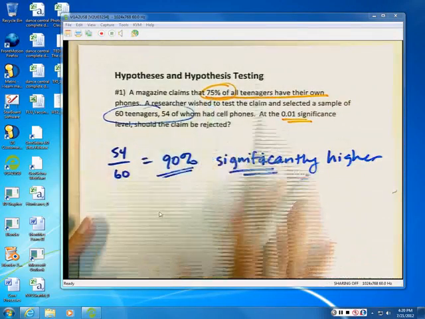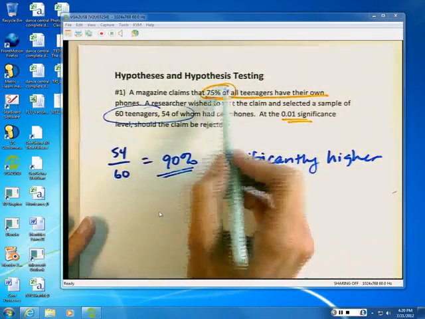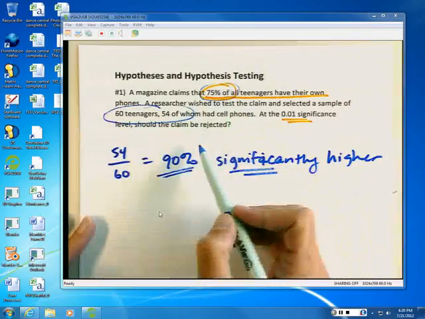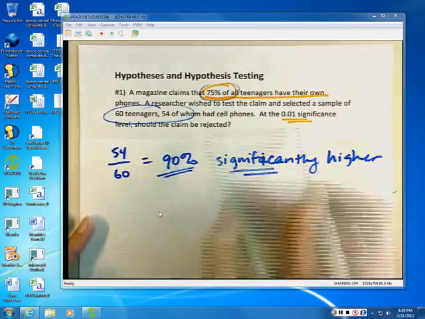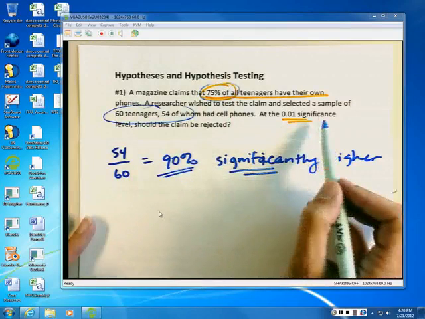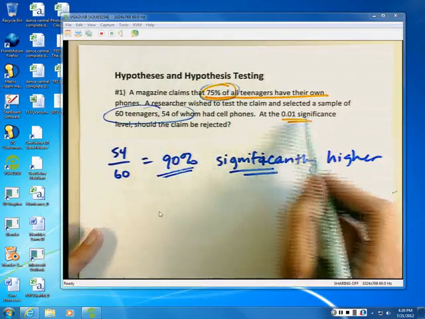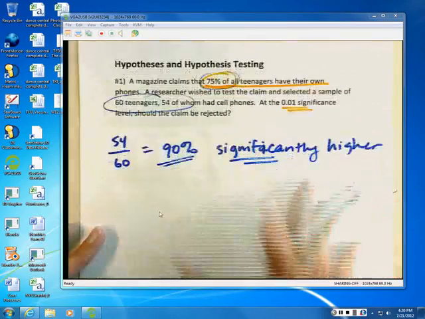But here's what we look at. We've got this claim. We see that 90% is bigger. We want to know if it's significantly bigger. This is where the significance level comes into play. So is it significantly different? If it is, I've got this 0.01 significance level.